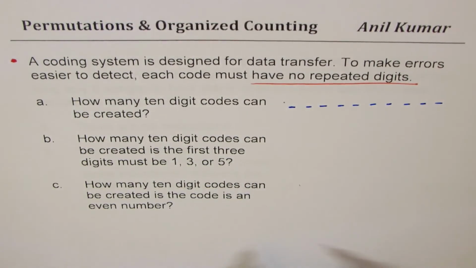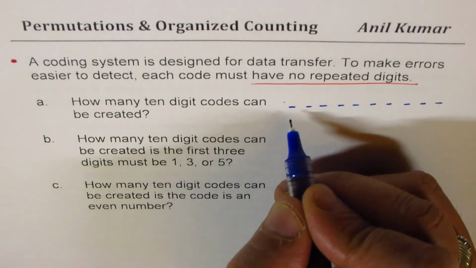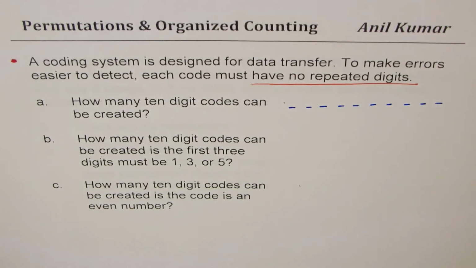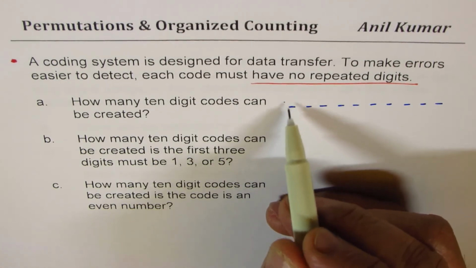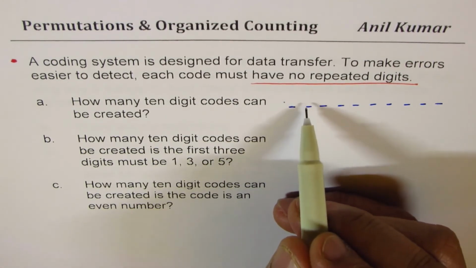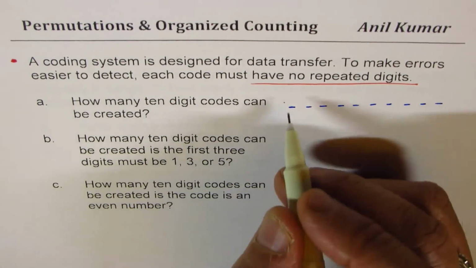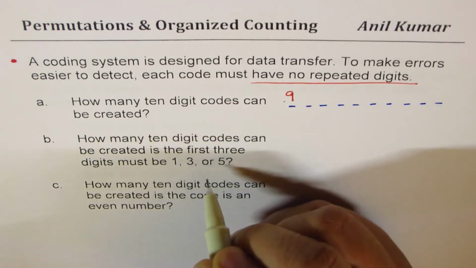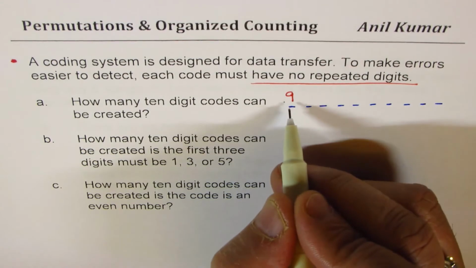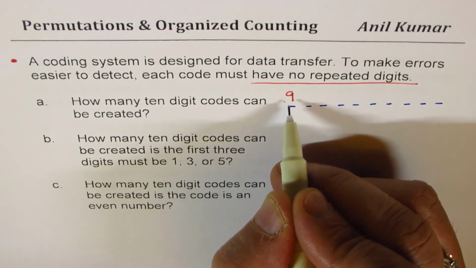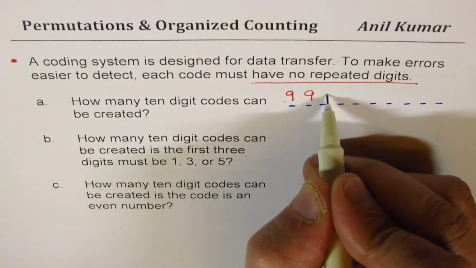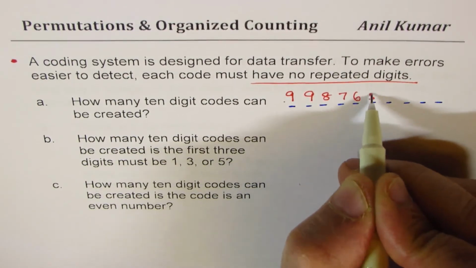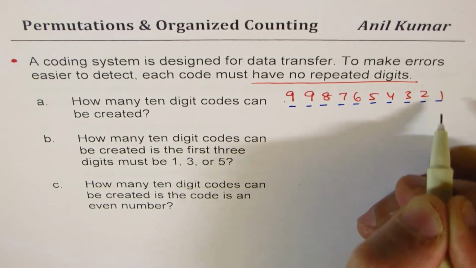Now 10-digit codes, so 1, 2, 3, 4, 5, 6, 7, 8, 9, 10. Whenever you start with a 10-digit code, in the first position, you cannot put 0, right? So let us assume that 0 is not the first number, since otherwise it will not form a 10-digit number, it will give you a 9-digit code. So here we have only 9 options. Since we have taken up 1 and that cannot be repeated, we have 9 out of 10 left, and then we have 8, 7, 6, 5, 4, 3, 2, 1, correct?